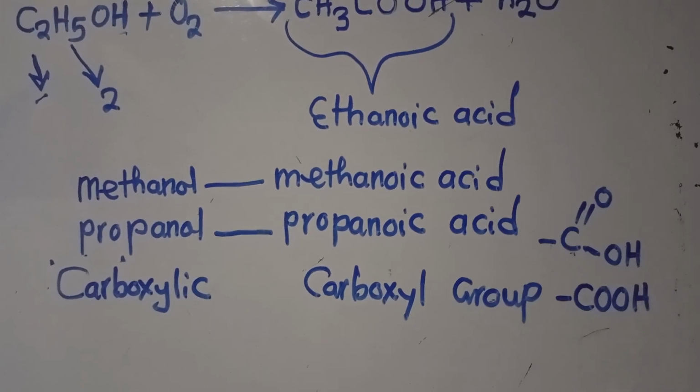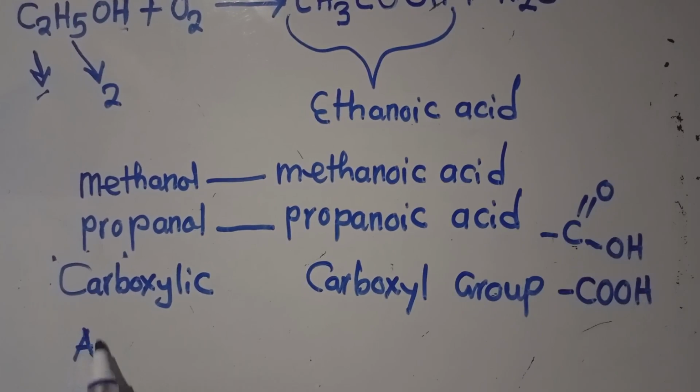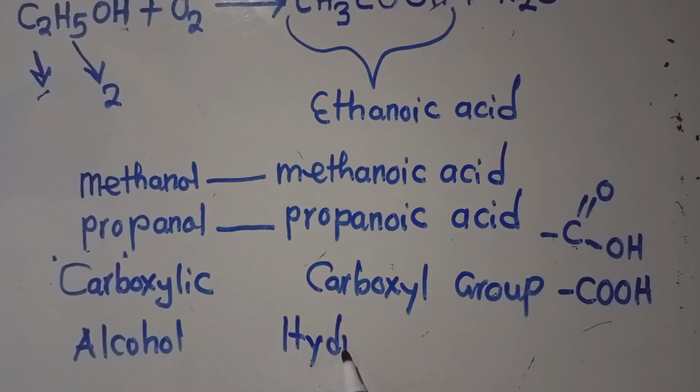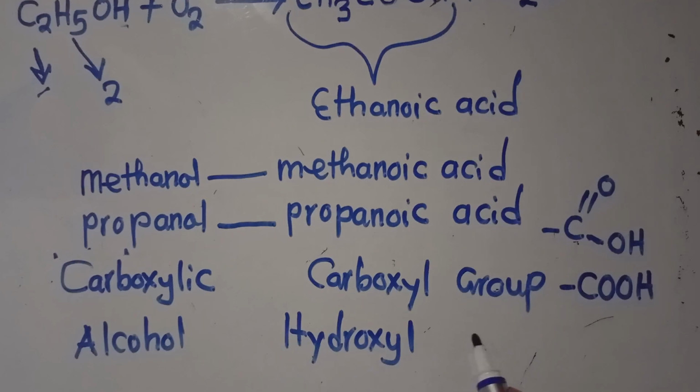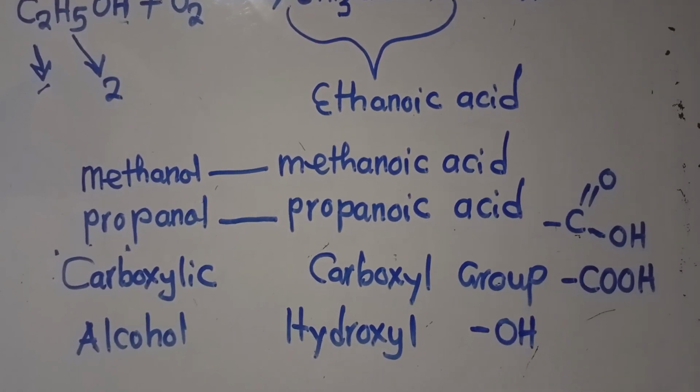But whenever we are talking about alcohols, what you are supposed to know is that they have what we call a hydroxyl group. This hydroxyl group is like this. They end with OH. So these are some of the things that will help you identify alcohols and carboxylic acids.